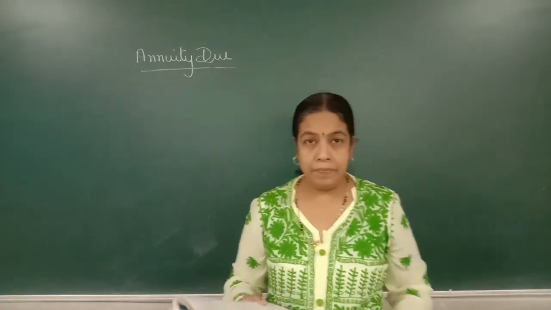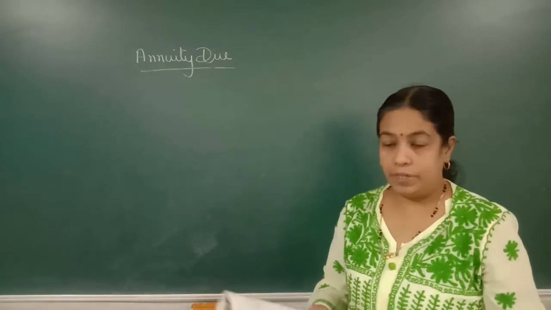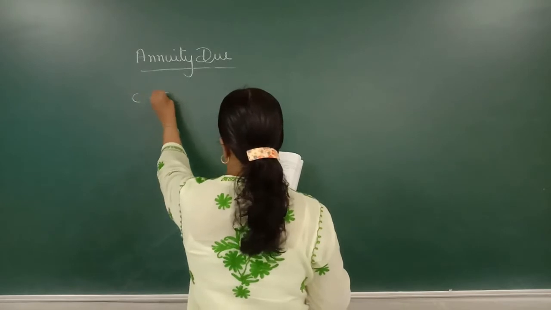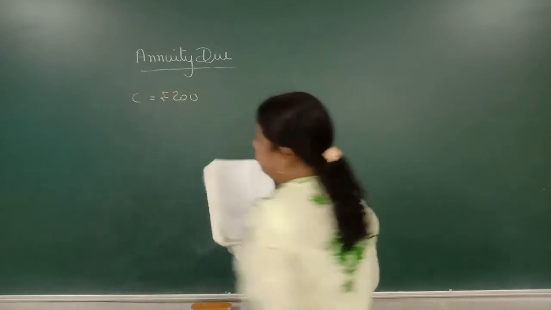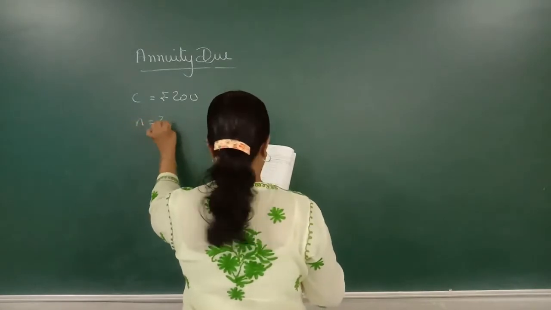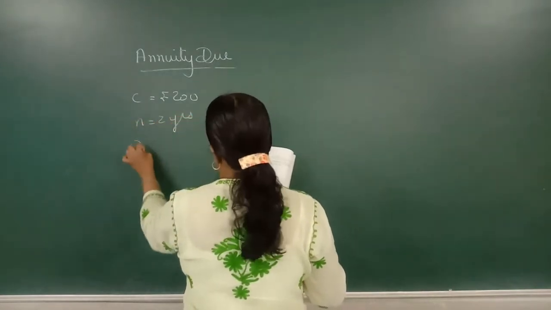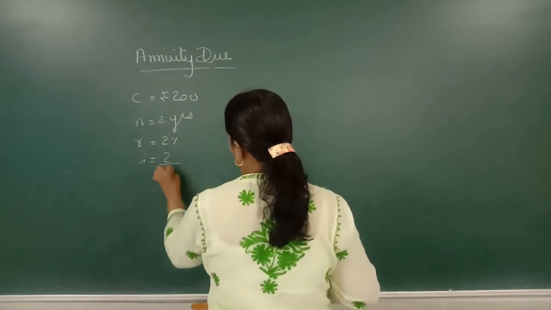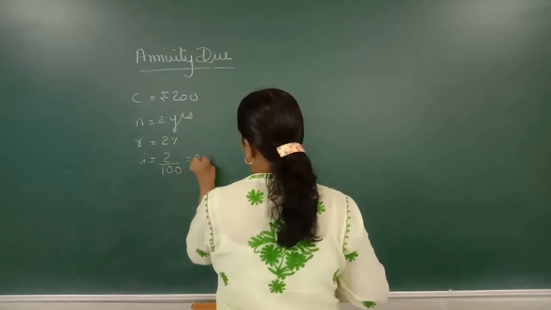Same sum. First of all, we will write down what is given. The annuity is given to be 200 for 2 years. r is equal to 2%, so i will be equal to 2 upon 100, that is 0.02.